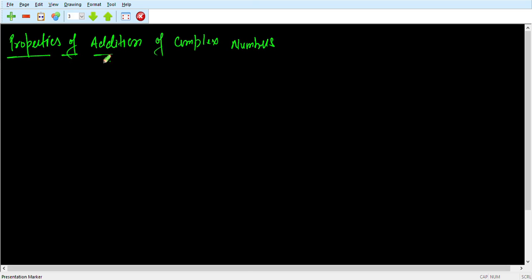So the topic is properties of addition of complex numbers. Now, the first property is the closure property.